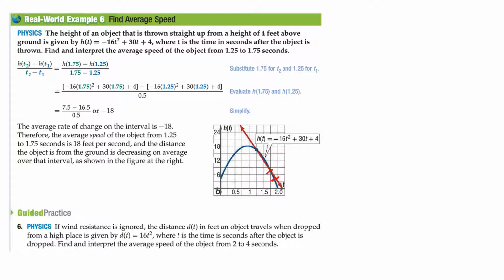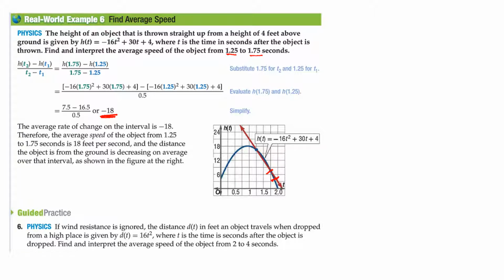So in this problem, they were given the height equation. We don't always have the equation, but they were given the height equation, and then they were given 2 times. They had to plug it into the equation, simply find the slope, and this is the speed, because the slope of a position versus time graph is speed.